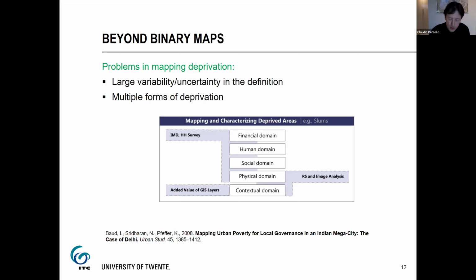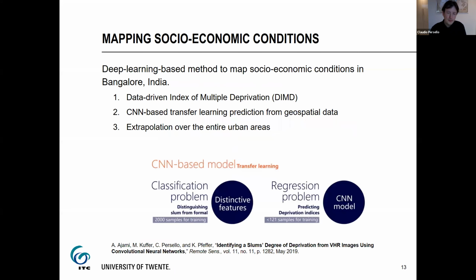What we wanted to do is go beyond the binary maps to be able to map and estimate a socio-economic index of poverty. So in the context of this study, we designed a deep learning method to estimate the socio-economic conditions in the city of Bangalore.